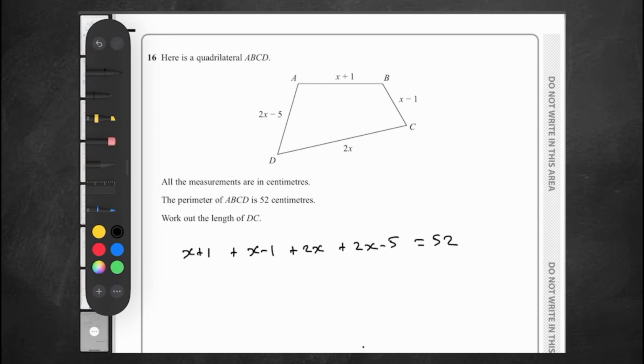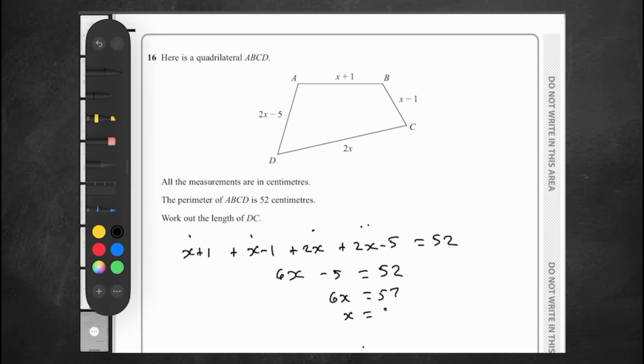So we're going to say that is 6x, as you have 1, 2, 3, 4, 5, 6. 1 plus minus 1 is 0, minus 5 equals 52. So 6x equals 57.